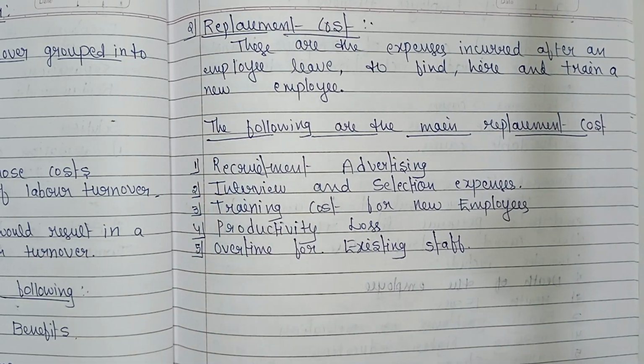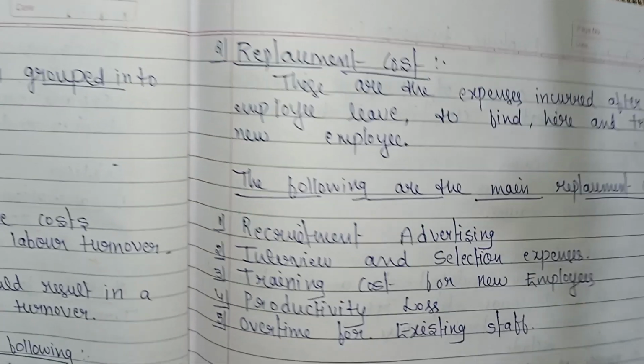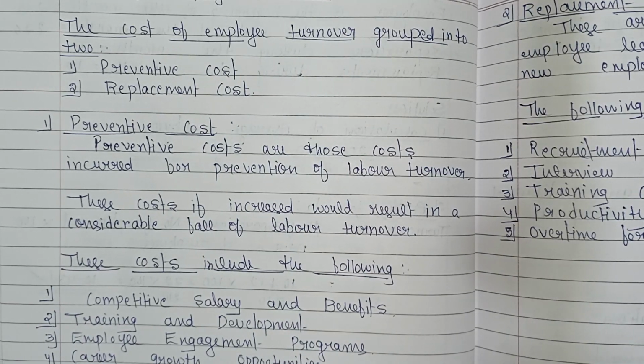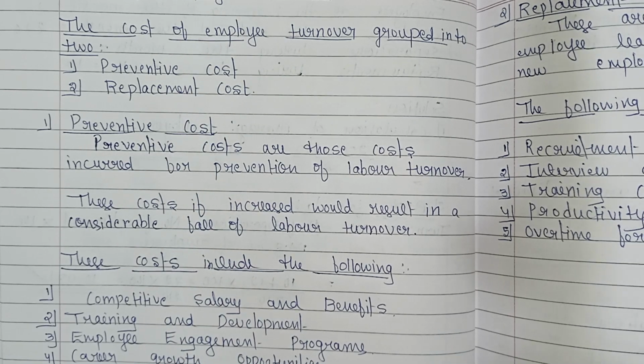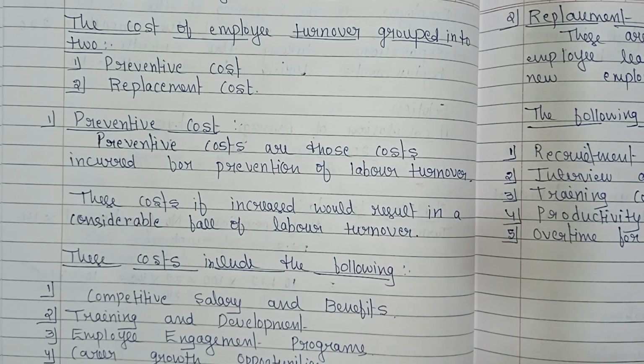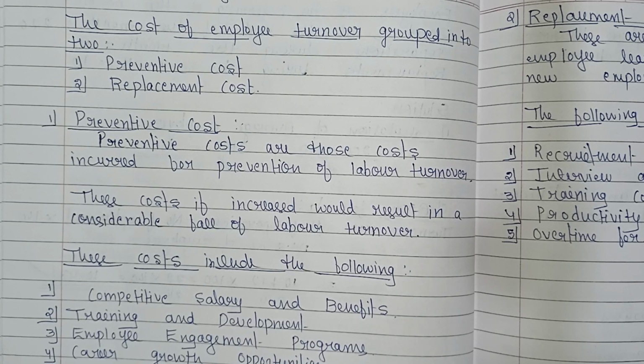So the cost of employee turnover is categorized into two types: preventive cost and replacement cost. Preventive cost means the cost incurred for prevention of labor turnover, that is, the cost spent to retain employees and prevent them from leaving.